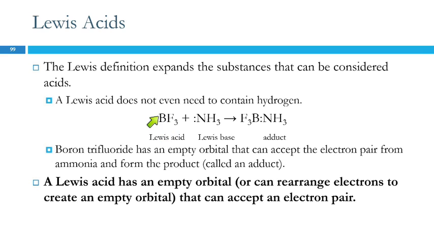BF3 acts as a Lewis acid. A Lewis acid will accept electrons, an electron pair. Here's our familiar ammonia, a Lewis base. It has an electron pair. It can donate. Boron is one of those guys that has an incomplete octet.